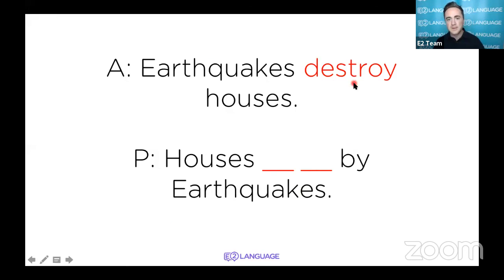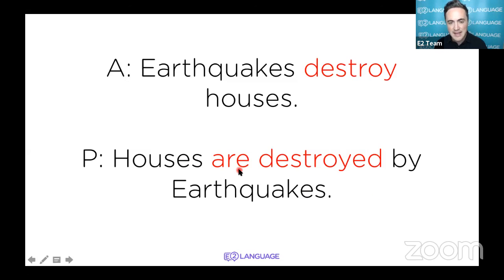Cool. All right. So we've got earthquakes destroy houses. Fine. So it's in the present simple. Let's just look at the answer. Houses are destroyed by earthquakes. Now, destroy and are both in the present. You need to think about that. So if you wrote houses were destroyed, no, because this is in the present.